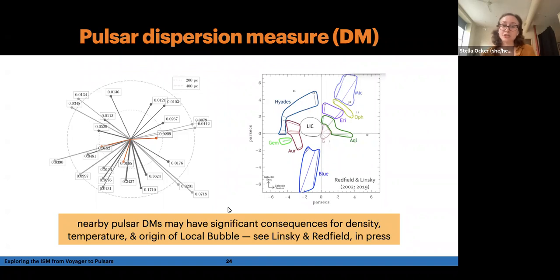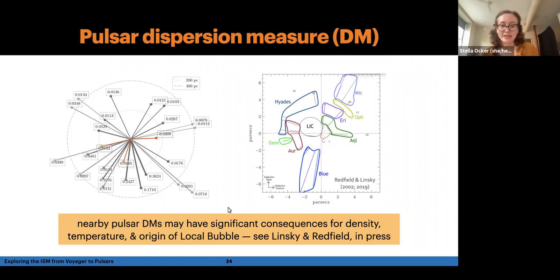And so what they show is that when you use these pulsar DMs, you can estimate the size of the Stromgren sphere for the star Epsilon CMa. And what you find is that the size of that Stromgren sphere is consistent with the size of the local bubble. And so the implication is that the local bubble may in fact be the Stromgren sphere of Epsilon CMa.